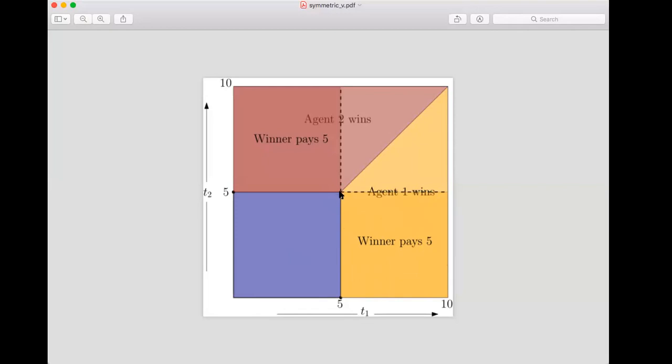Earlier we were guaranteed to get 5 at every type profile in this region. Similarly, we were guaranteed 5 at every type profile in this region. But now in this region and this region also, we will get the expected second highest value.